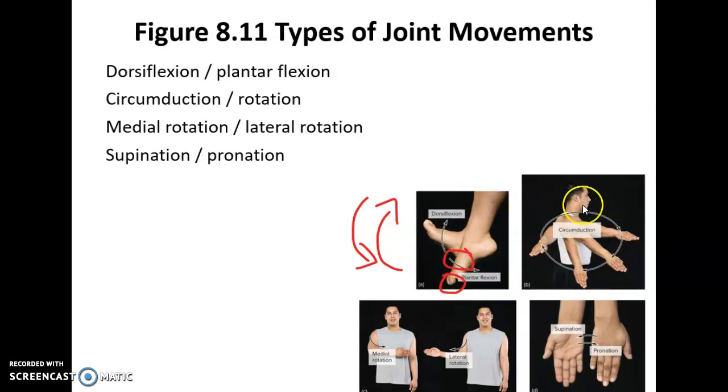We have circumduction, and the rotation we have for the shoulder and the coxofemoral joint or hip joint. We have medial rotation and lateral rotation, and we have supination and pronation. Remember, if we can hold soup, we have supination, and the other one is going to be pronation.